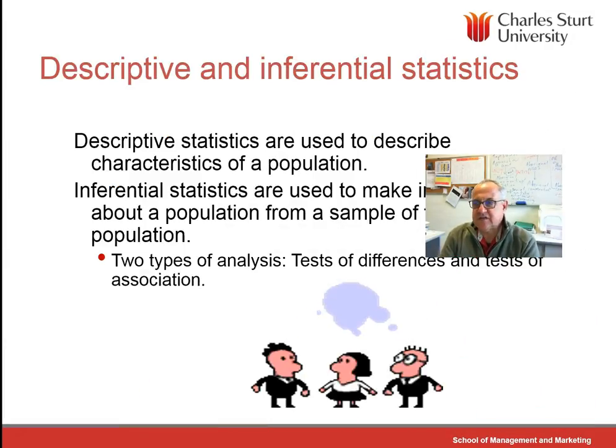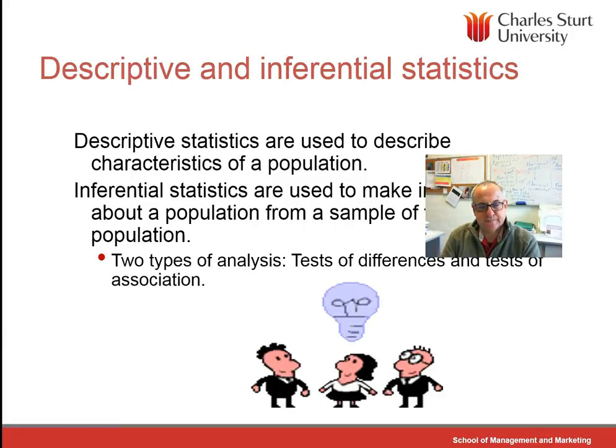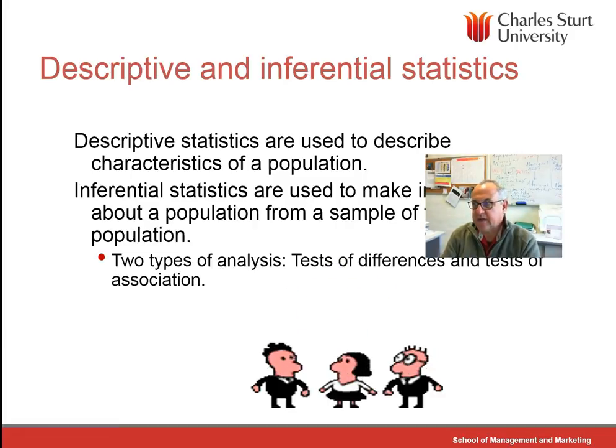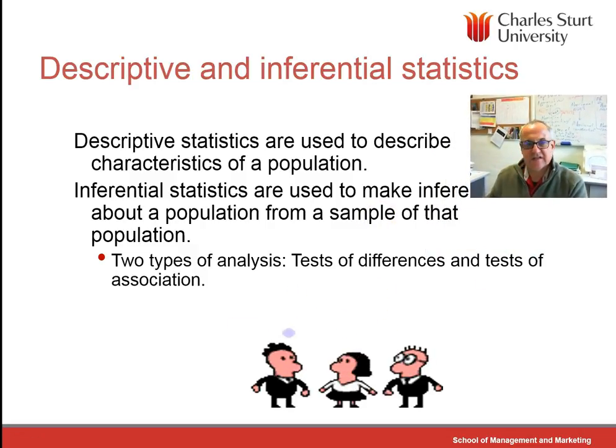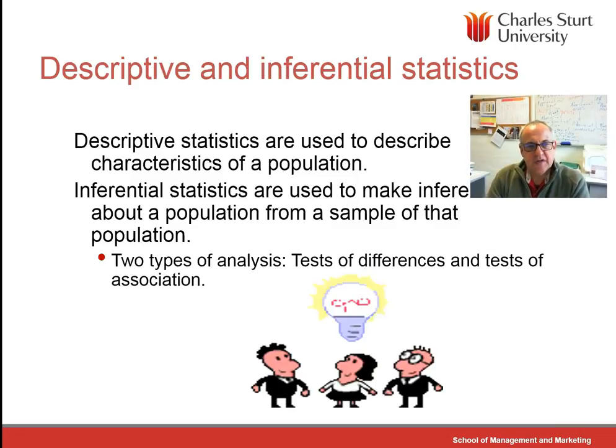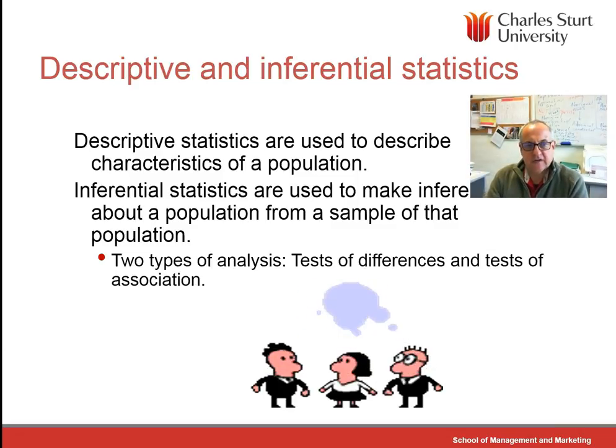Okay, so let's firstly talk about the difference between descriptive and inferential statistics. This is something that's probably kept you up for a number of nights. Descriptives are essentially what describe the characteristics of a population.